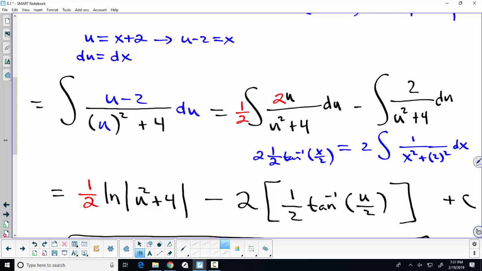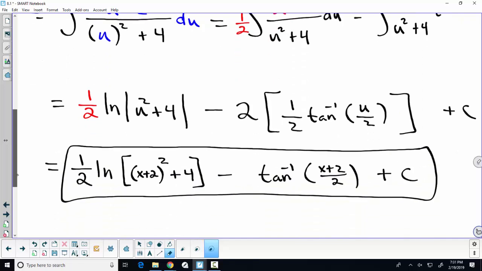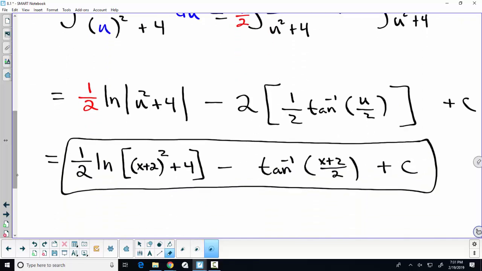We could look at the derivative if we need to. Any other questions on that? So you really do need to know number 11 and number 12. They do show up. From this point on, they're quite common.